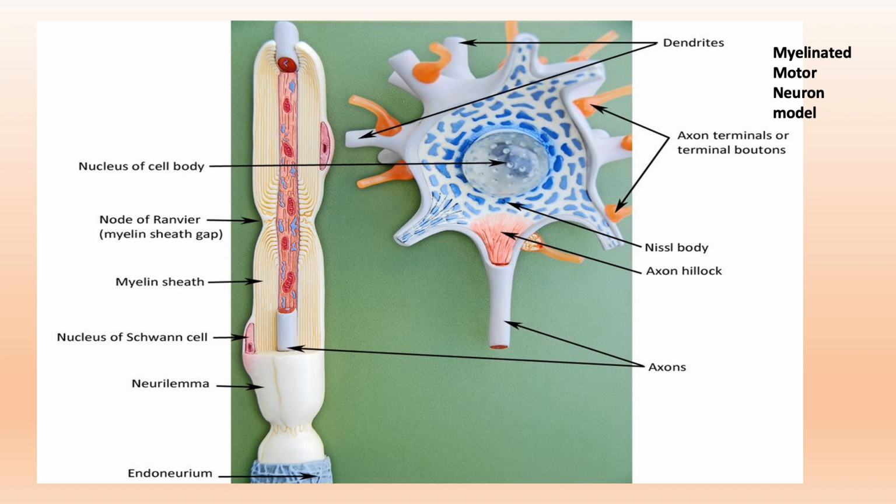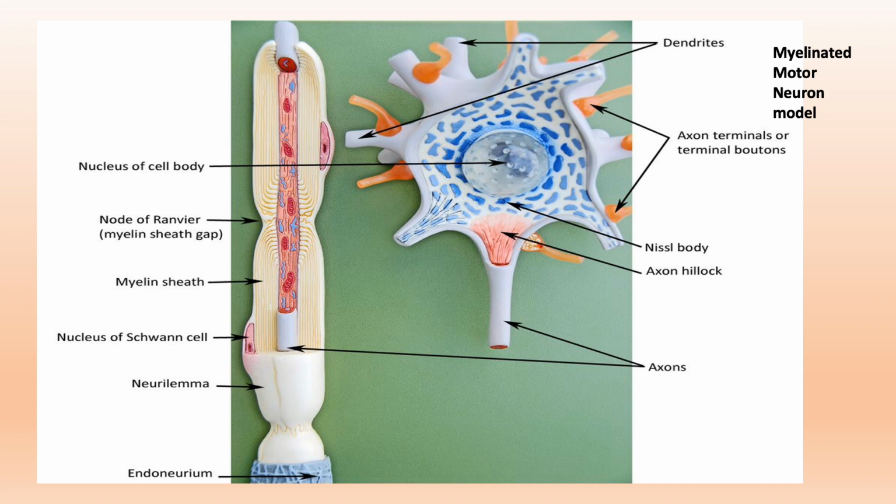Again, let's see another model. We see the dendrites, we see the synapse, axon terminal, axon hillock, the axon itself. When we look at the left side, we see another cell that covers the axon of the neuron. It's like a hot dog bun, right? We call this the Schwann cell. Between the Schwann cells, there is an opening. This opening we call the node of Ranvier.